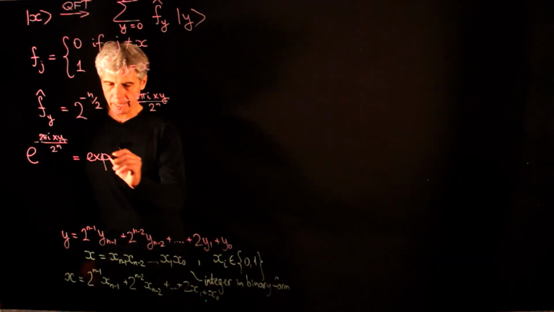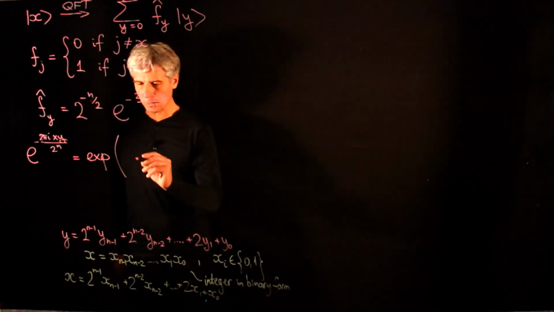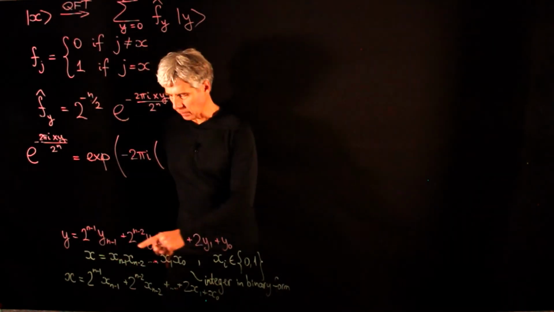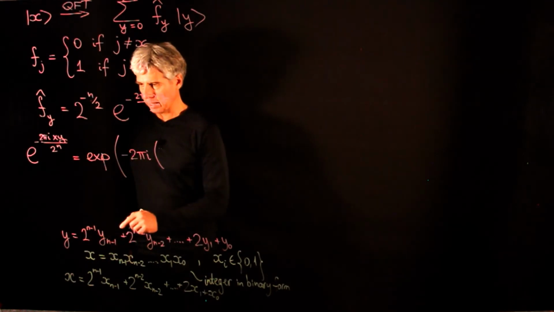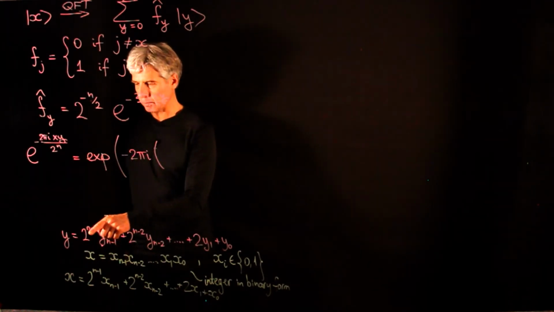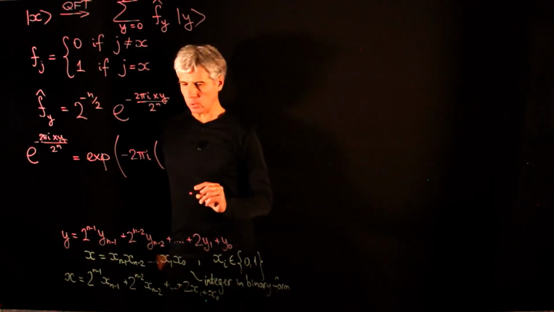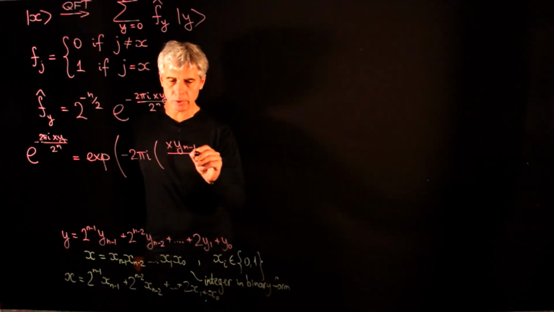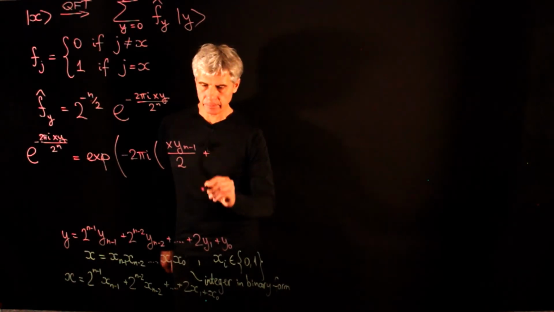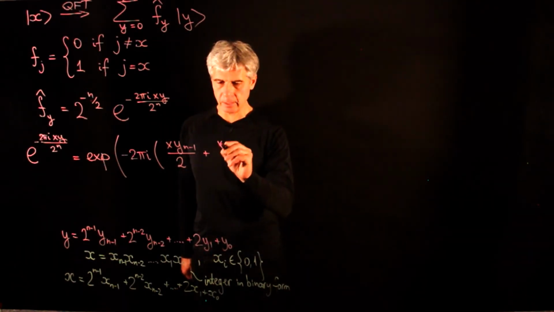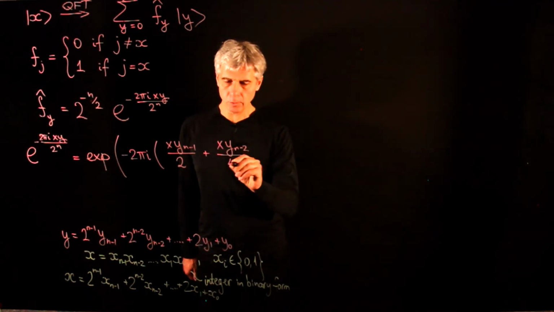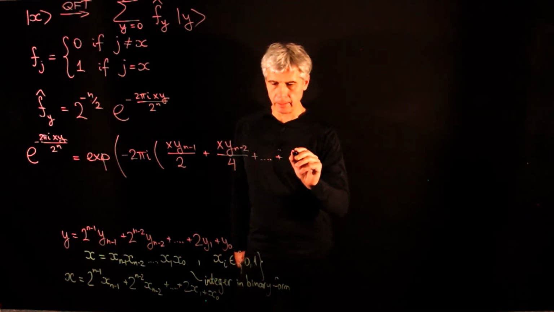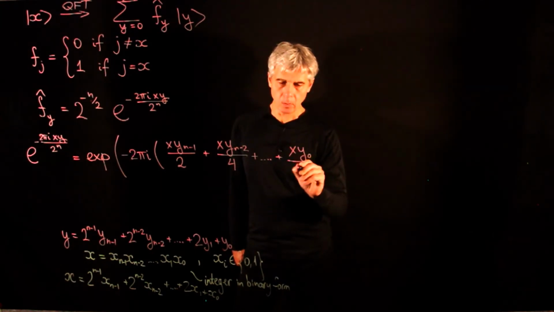So we have exp of minus 2πi times: the 2^(n-1) will cancel with 2^n, and we get x y_(n-1) over 2, plus the next term, x y_(n-2) over 4, plus, and so on. We end up with x y_0 over 2^n.